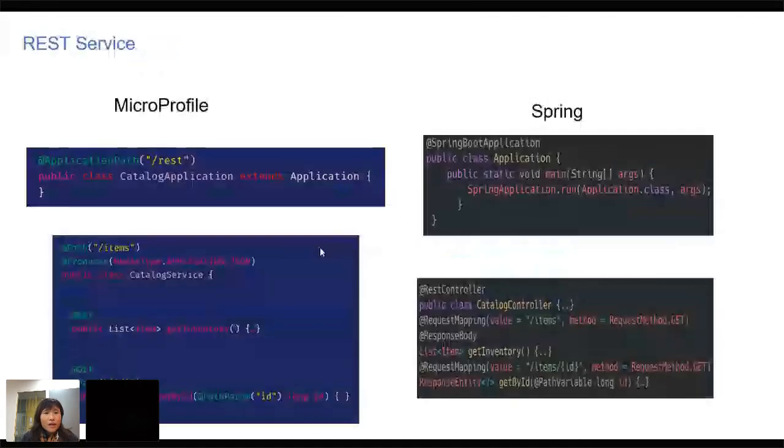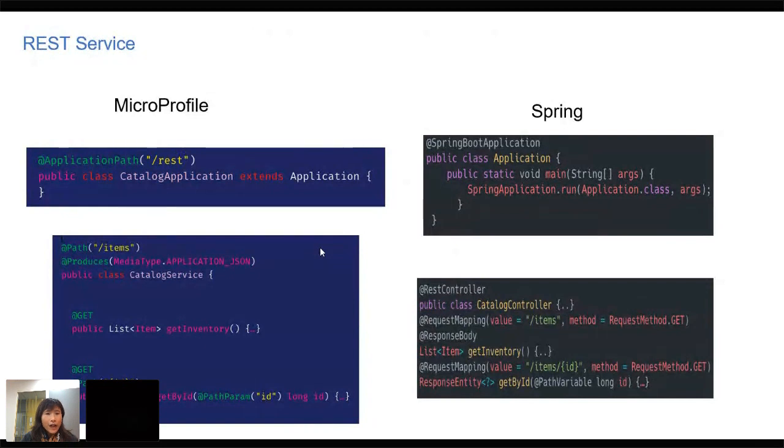So in MicroProfile, I'm sorry that the color is not very nicely viewable. In MicroProfile, you will use Jakarta. You will have two classes. One is the application, so basically you have @ApplicationPath. The other one, you will create RESTful resources.